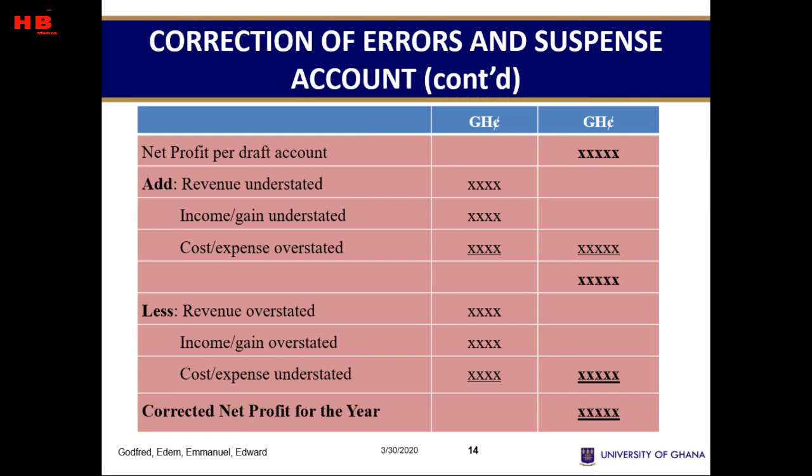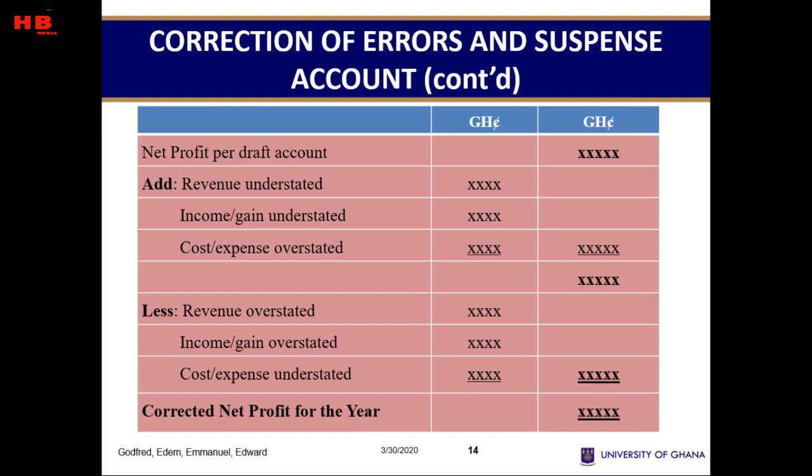So, in a situation where you would have to adjust your net profit with some of the items that would have an impact on profit, then this is a typical draft of preparing the net profit.